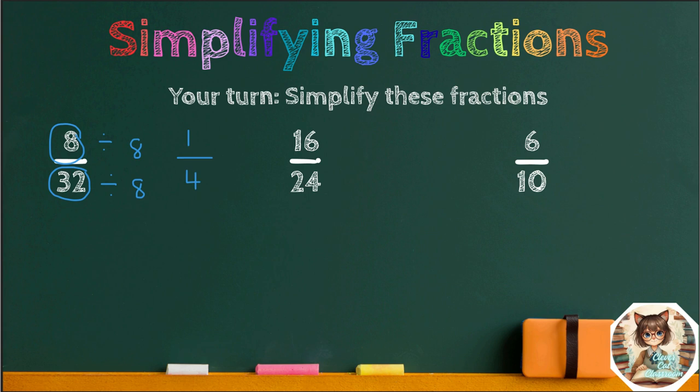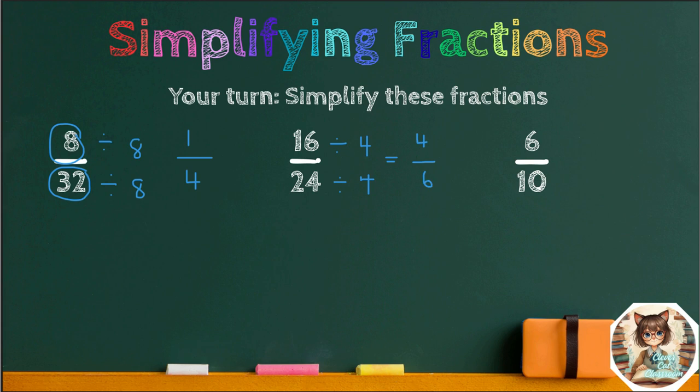All right, let's have a look at 16 and 24. I know that in common they have their 4 times tables. So I'm going to divide each one by 4. Then I get 16 divided by 4 is 4. 24 divided by 4 is 6.